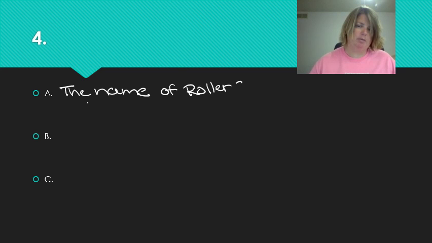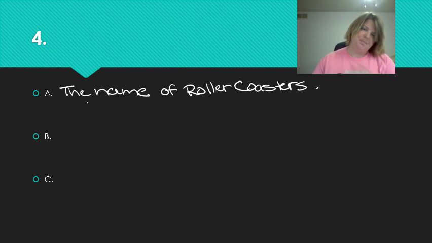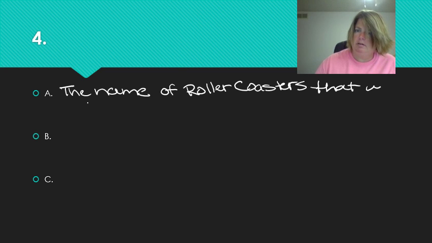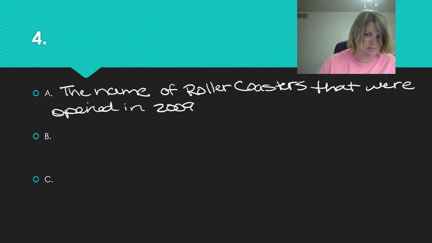Basically, we're describing roller coasters. It'd be like, maybe not the name of, just roller coasters in general that were opened in 2009.